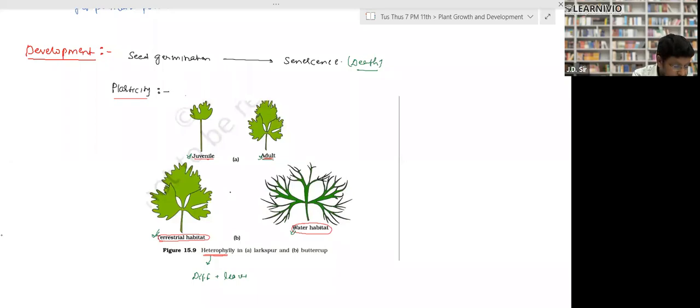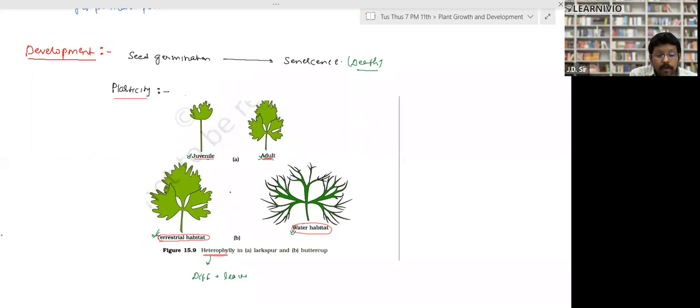Full stop. The example of plasticity is heterophily. Full stop.